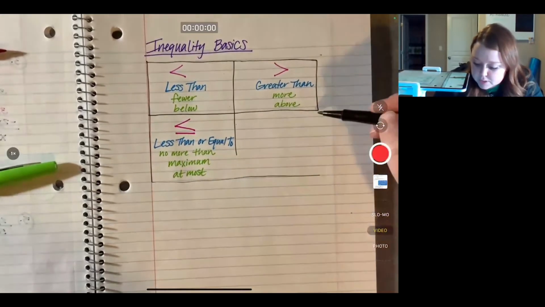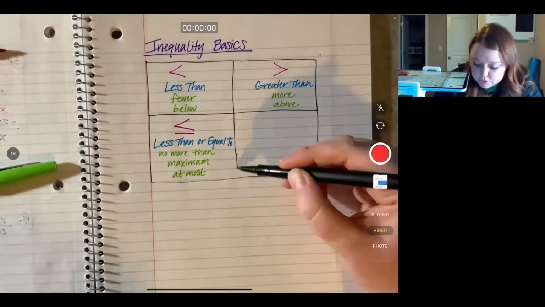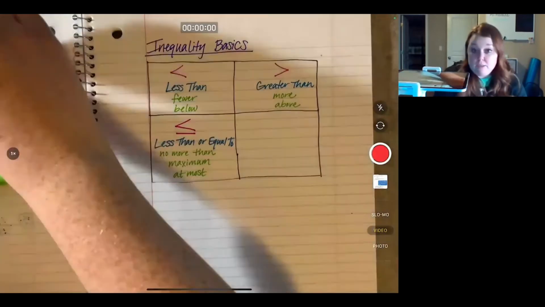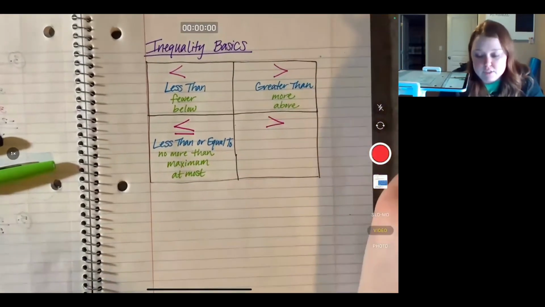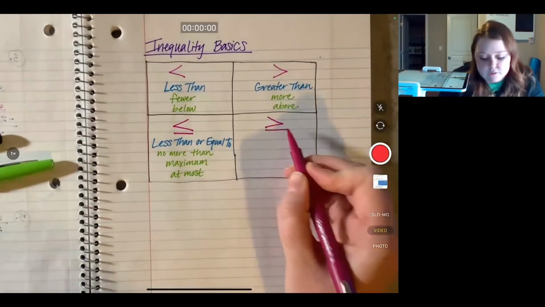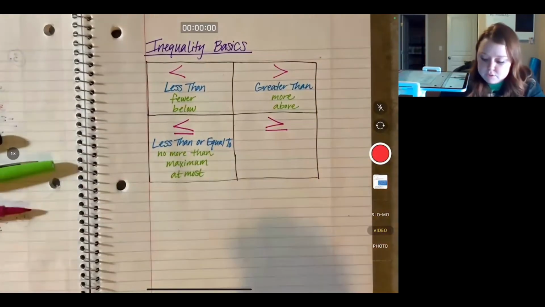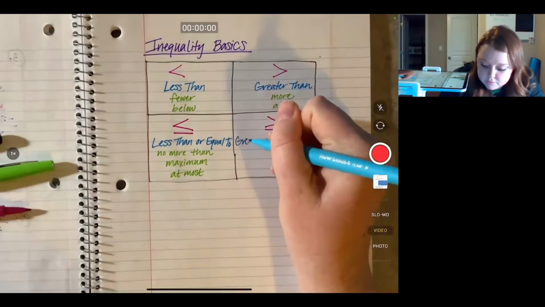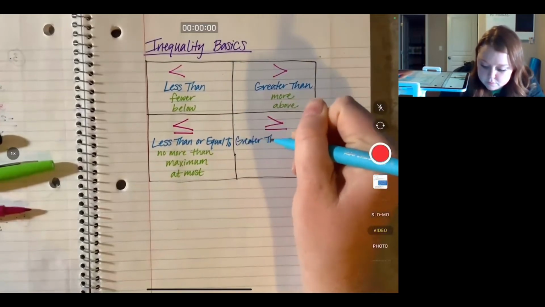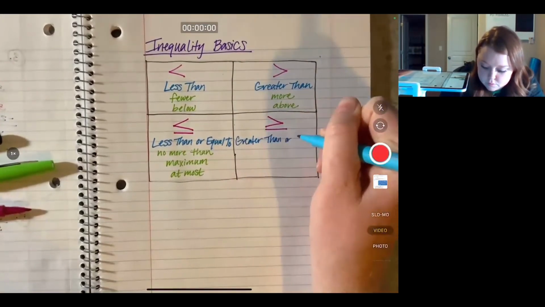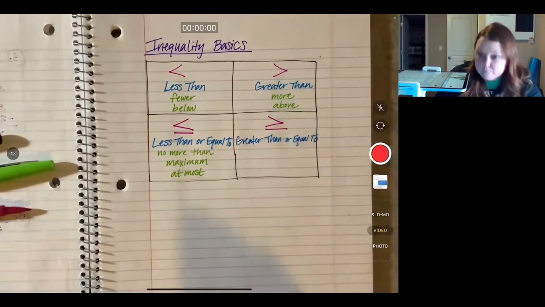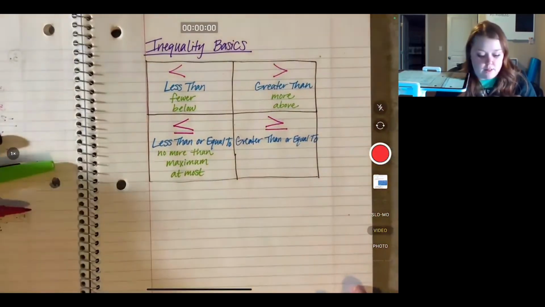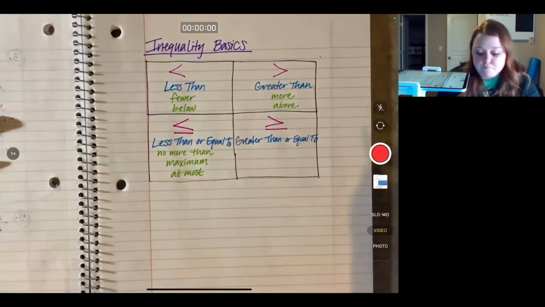So the opposite of less than or equal to would be greater than or equal to. So you draw a greater than symbol and then you put a line underneath. So that would be greater than or equal to. Okay.